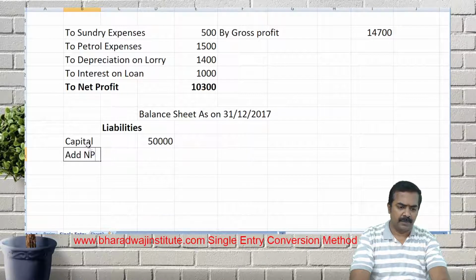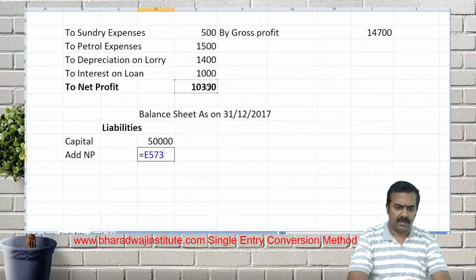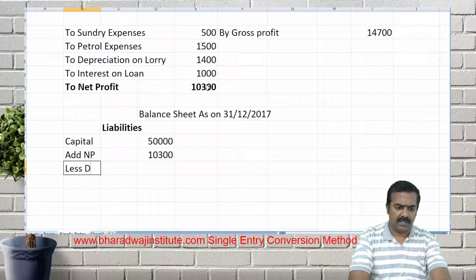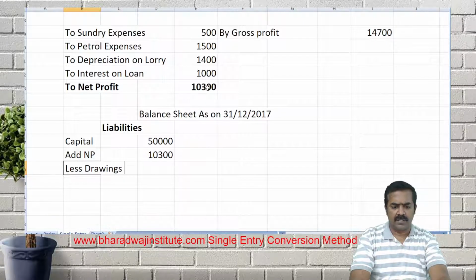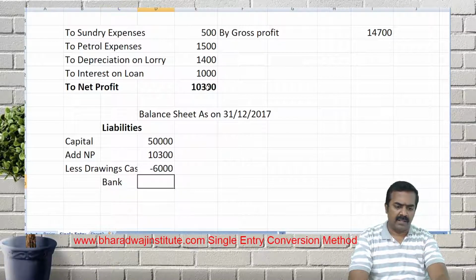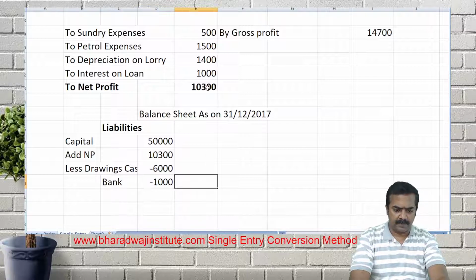Add net profit, less drawings. There are two drawings. One is cash drawings as well as check drawings. Cash drawings are 500 per month, 6,000. Bank drawings are for the holiday expenses.